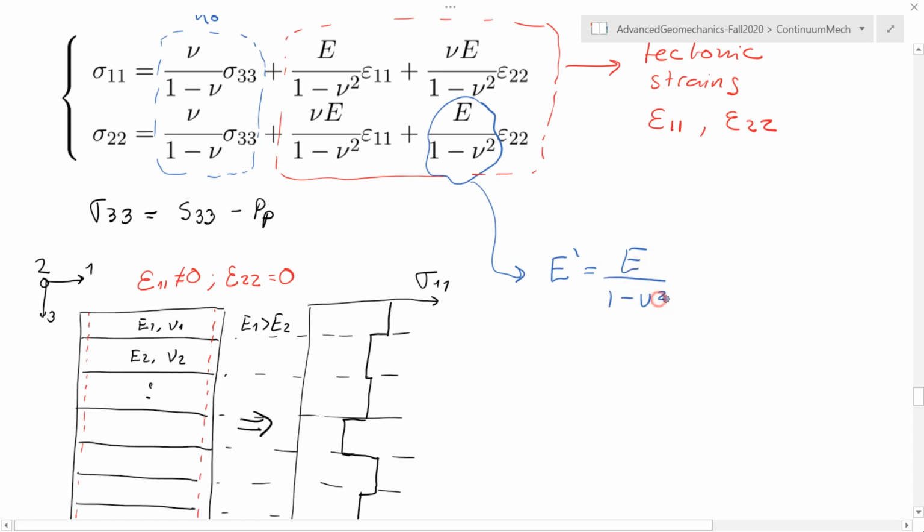And this is another type of modulus, which is not the Young modulus, and it's not the constraint modulus, which is very useful too, because it characterizes the stiffness of a solid for this given type of deformation, which in this case is called plane strain. So this is the plane strain modulus. And you can notice that these tectonic stresses are proportional to that plane strain modulus.